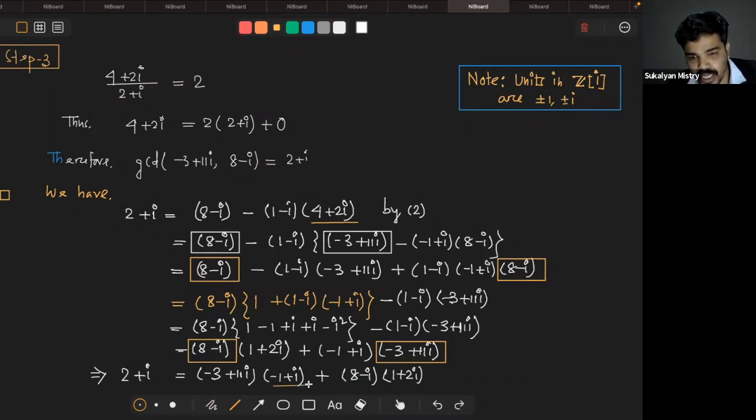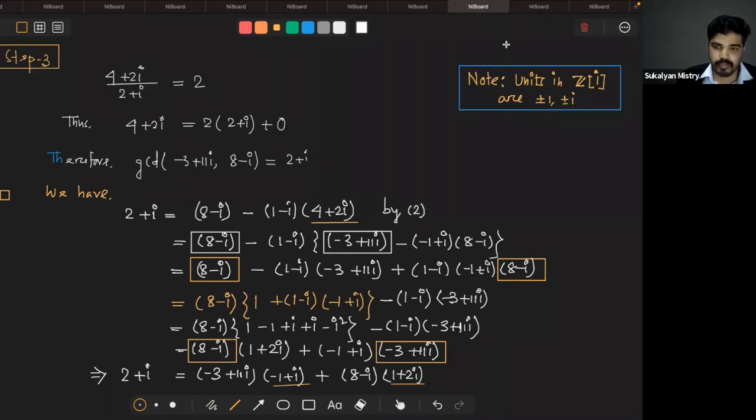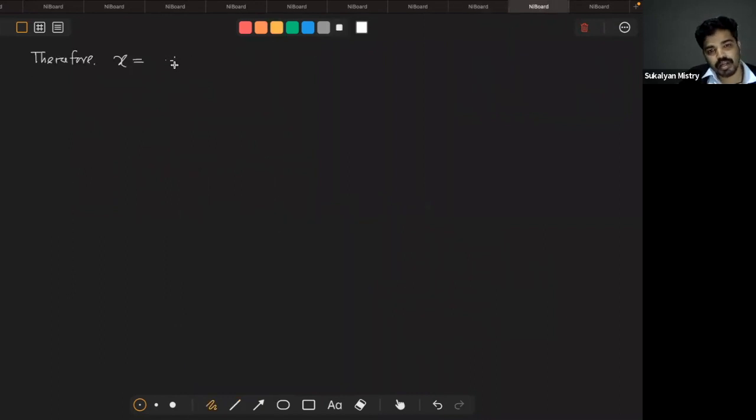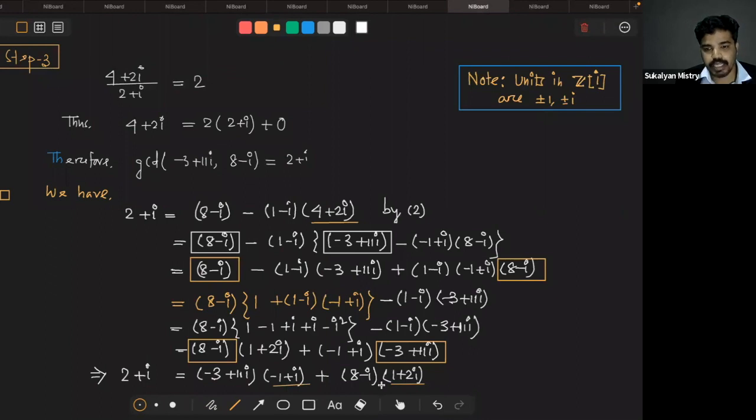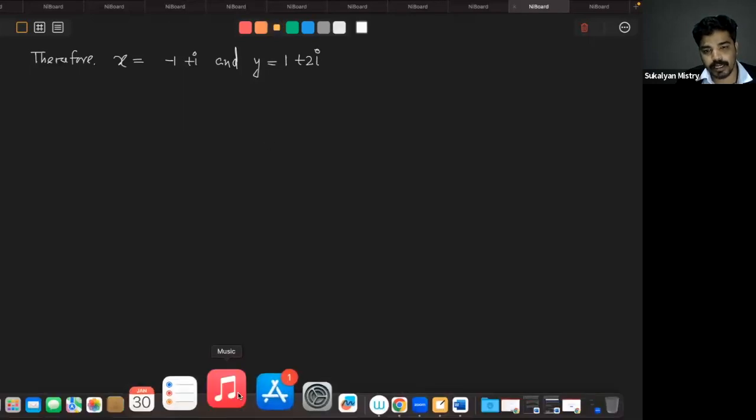Okay, so this is x, this is y, so therefore x is equal to minus 1 plus i, and y is equal to 1 plus 2i. I think clear.